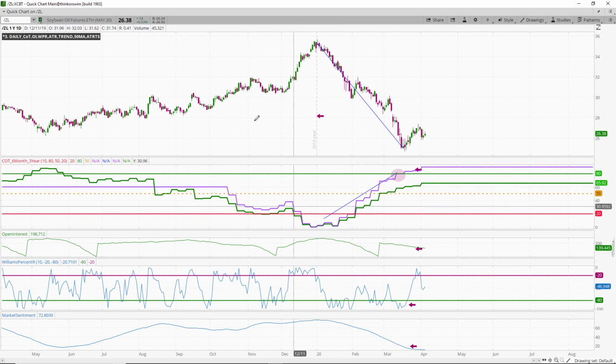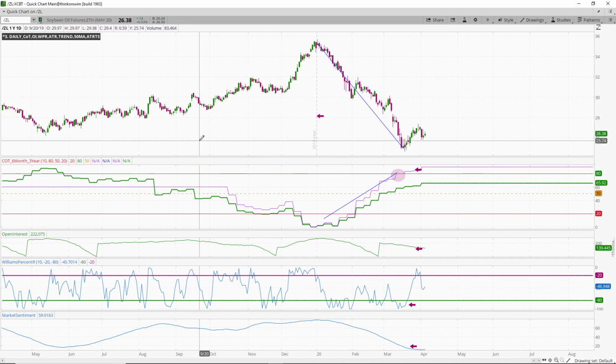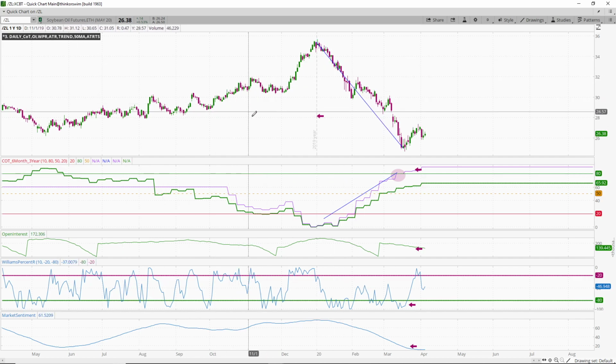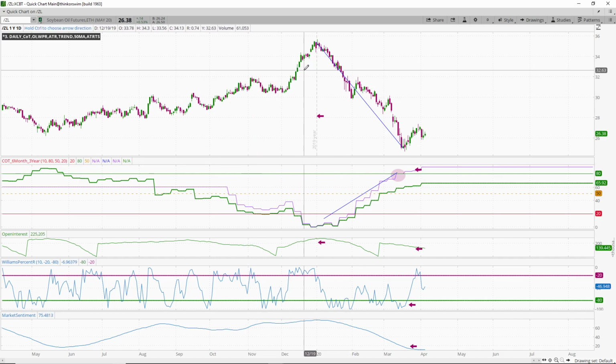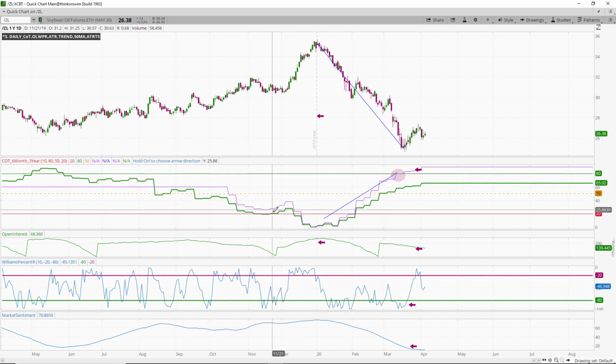These numbers are not based on anything on this chart, not on moving averages or any of the data that is presented from the actual chart itself. This is commercial interest only. So this report is, I wouldn't say detached from the chart, but whatever's happening on the chart isn't a reflection of where this data comes from.